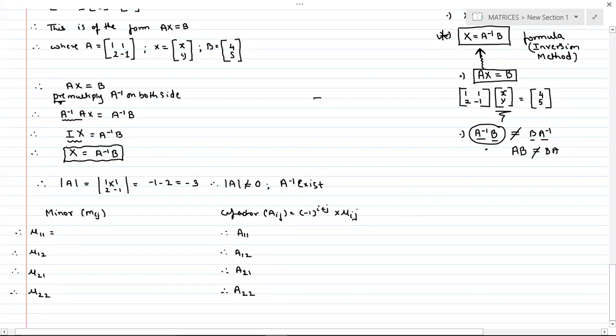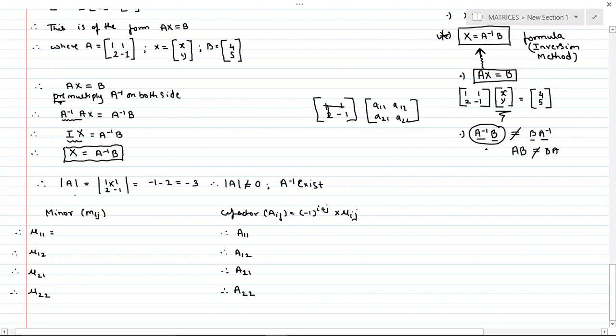For M11, this is the matrix: 1, 1, 2, minus 1. This is the A11 position, this is A12, this is A21, and this is A22. As now we have to find M11, we have to see the A11 element, eliminate the A11 element and its neighbor elements also.